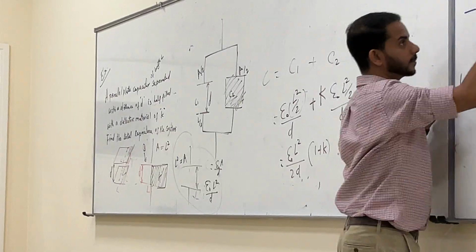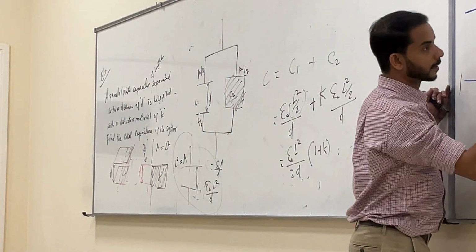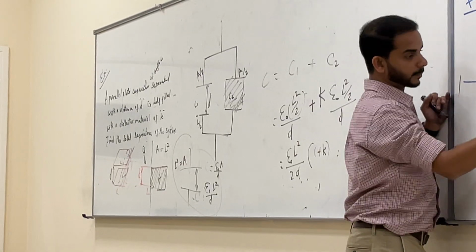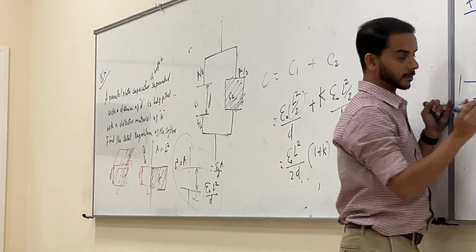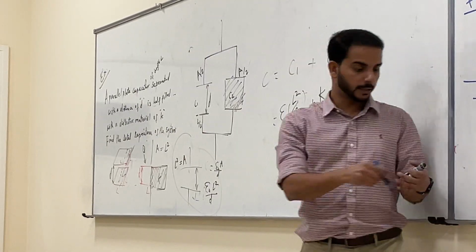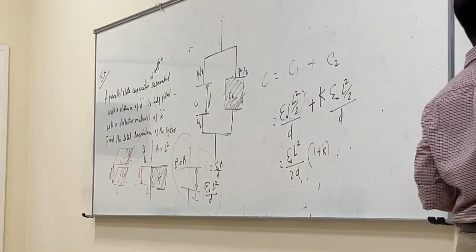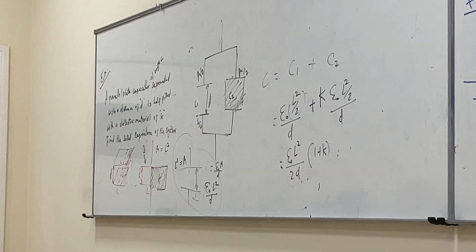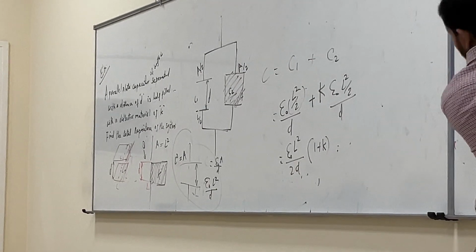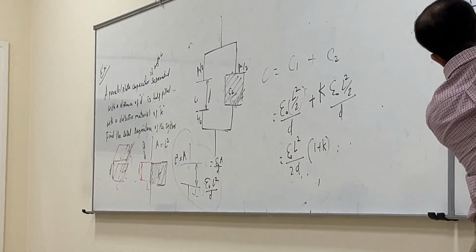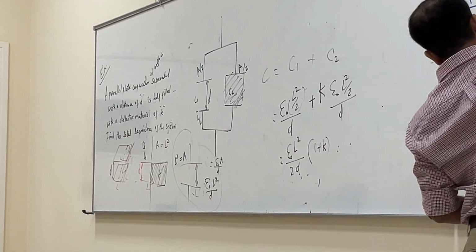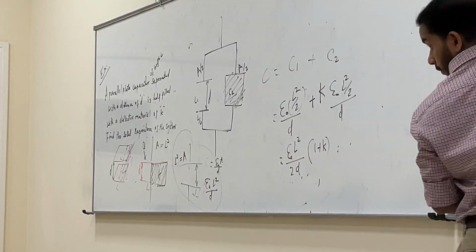I took a capacitor with a positively charged plate, same as the previous one, and a negatively charged plate on the other side. Now I take a dielectric material from somewhere on the same side and try to insert it between the plates.